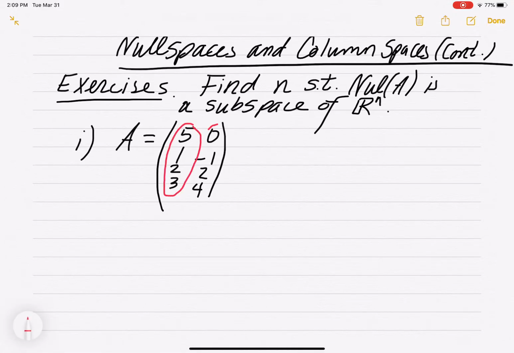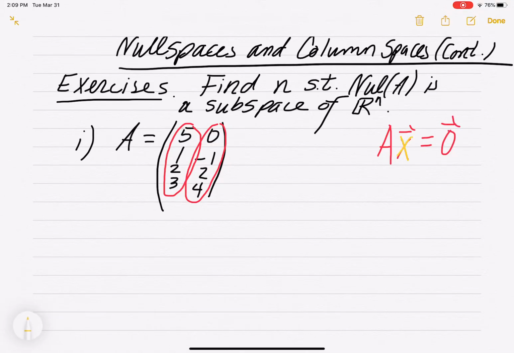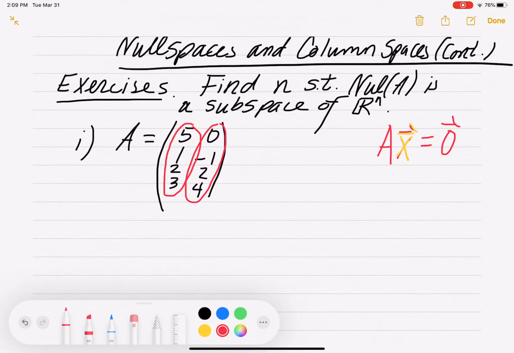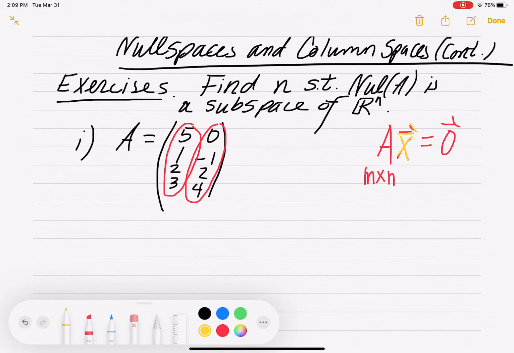So when you've got A times x equals 0, these vectors, I'm going to make them yellow this time rather than red. So if you have an m by n situation, your solutions have to be what? n by 1.